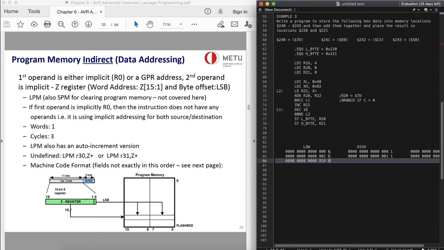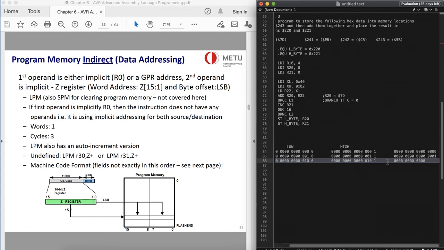Again, as you can see, the least significant bit is always 0, and this is going to point to 1 0 1. So 1 3 5, and it goes, and the address is 2 in this case. So this is how we can store into the program memory, and I'll show you an example for a moment.